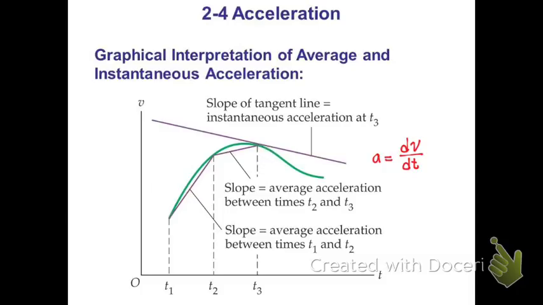Just as we defined the instantaneous velocity, for the velocity versus time graph, if you draw a tangent line at any point on the curve and calculate the slope of this tangent line at the point in question, what you obtain is the instantaneous acceleration at that point.